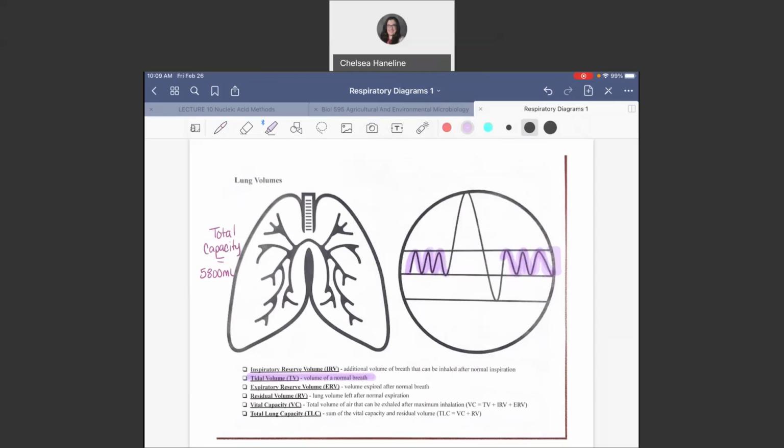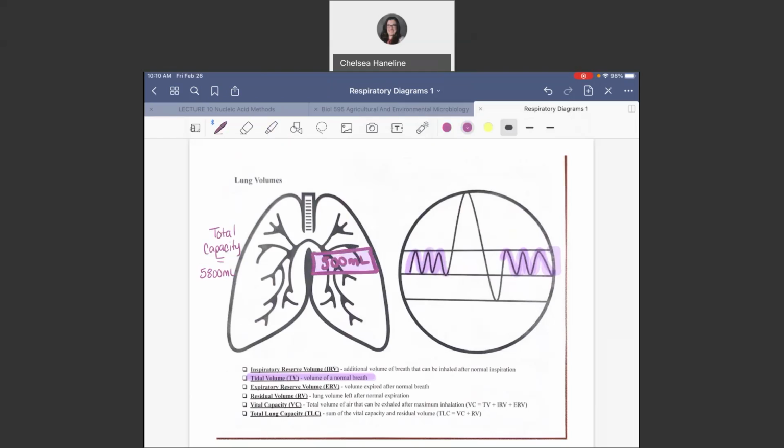And so our tidal volume of that 5,800 only makes up about this much right in here. The amount of volume of our lungs in this area for our tidal volume is about 500 milliliters. So not very much of our total capacity.